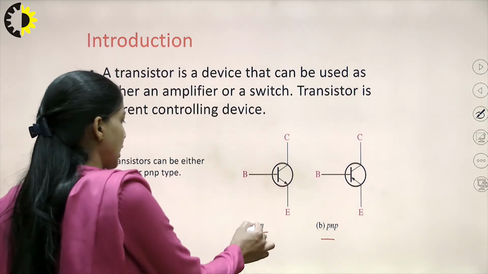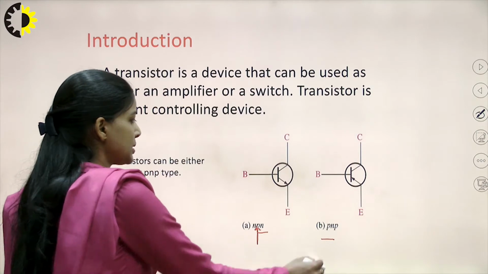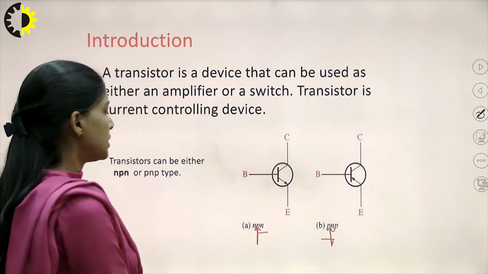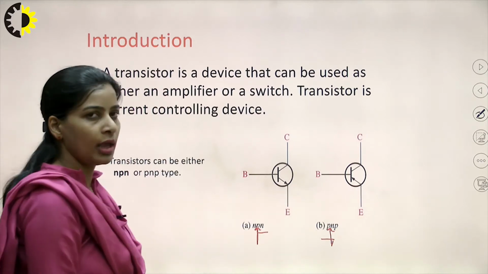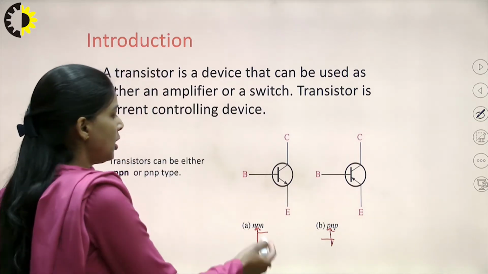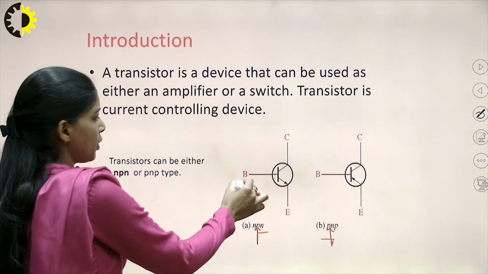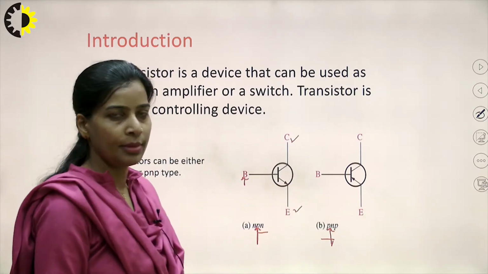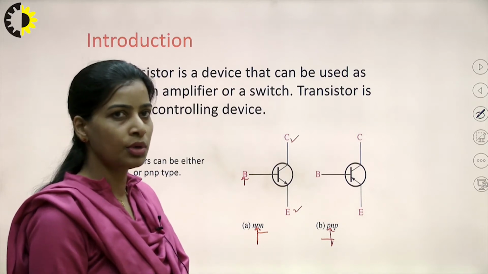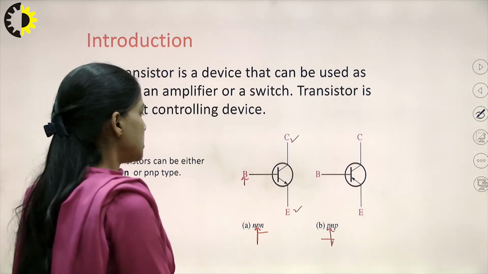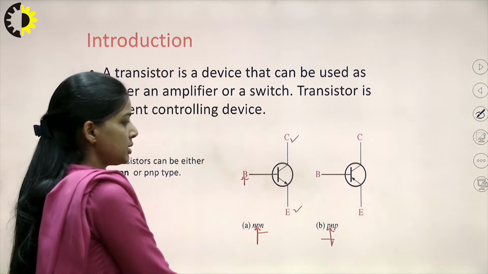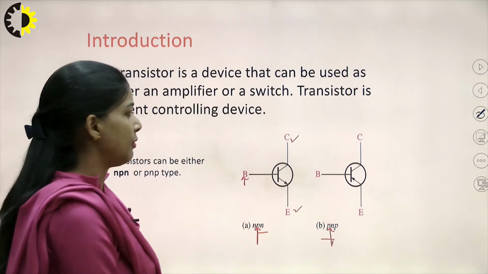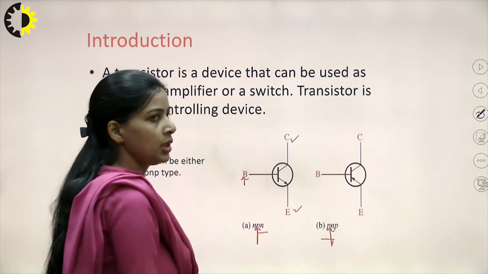So, here we have P as base and here we have N as base. This is the symbolic representation of NPN and PNP transistors with the three terminals. B is for the base, C for the collector and E for the emitter terminal of the bipolar junction transistor. Here we can see in NPN transistors the arrow of the emitter is pointing outwards, and for the PNP it is pointing inwards.